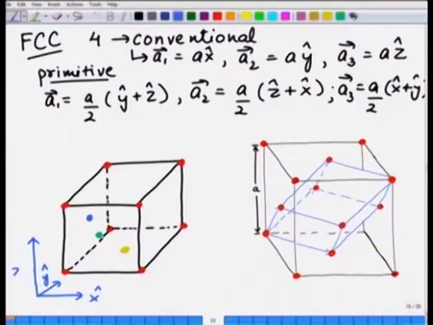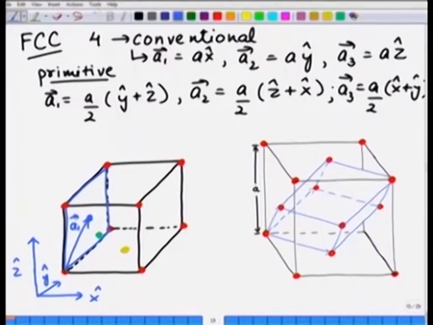Accordingly, let us see now what a1 is. a1 will correspond to my blue. a1 is in the Y and Z plane. So, if I take this blue plane right here, and the face center of it, then this is the a1 vector.